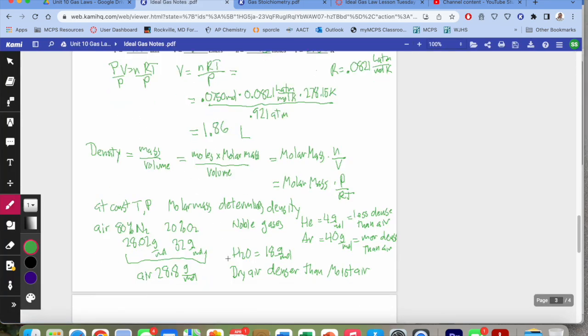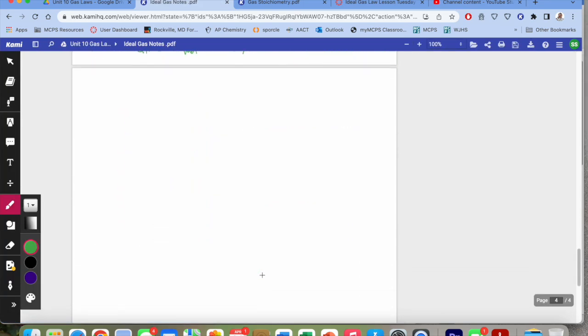And so we can say that density equals molar mass times P over RT. So as T goes up, density goes down, right?